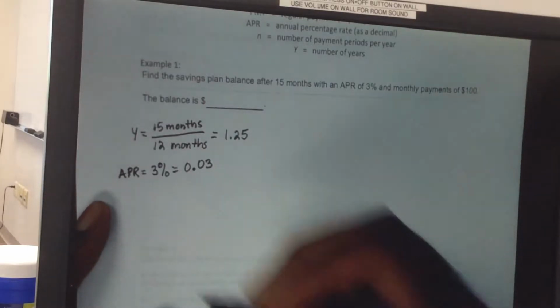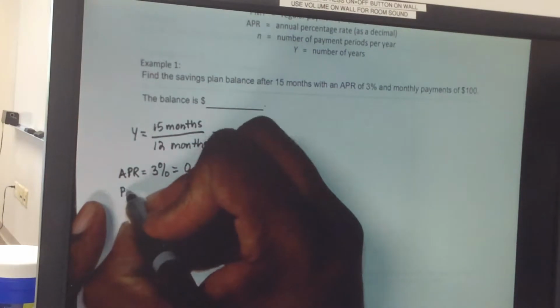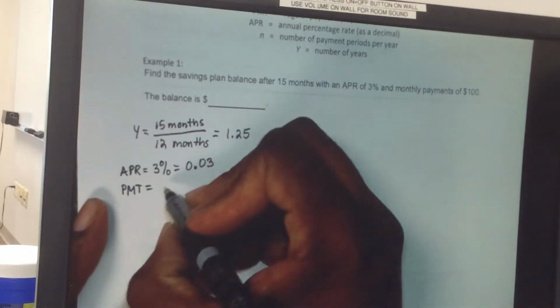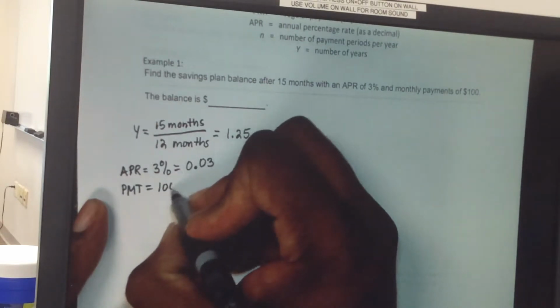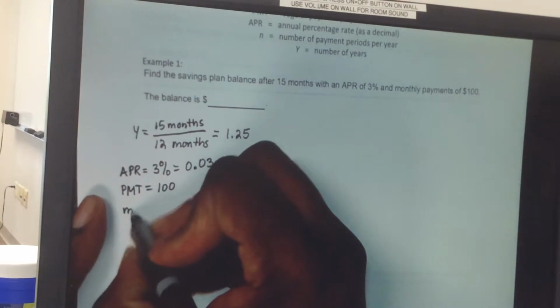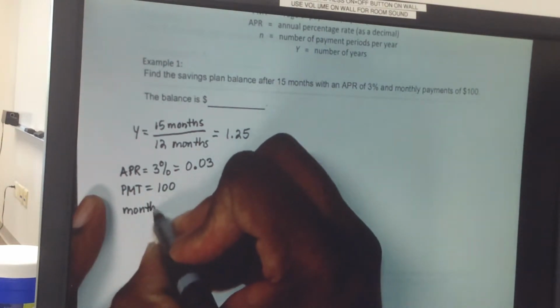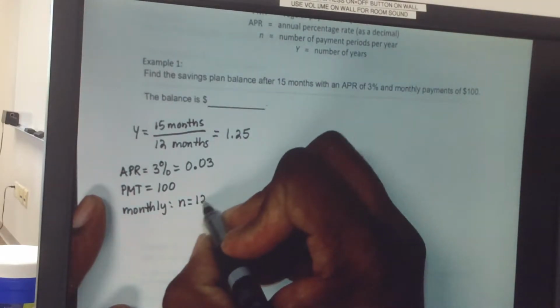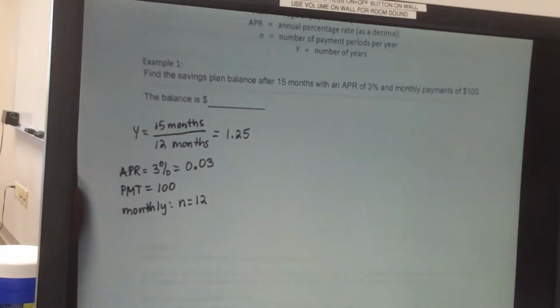And your payment, that's the PMT, is going to be $100. And of course, if it's monthly, that means that there are 12 months in a year. So N is equal to 12.